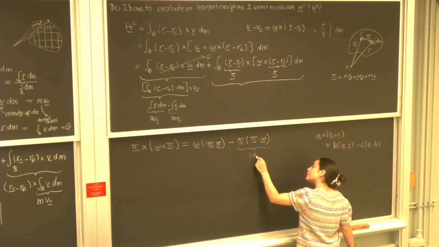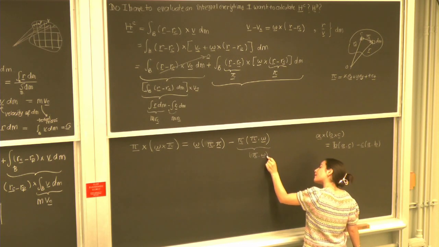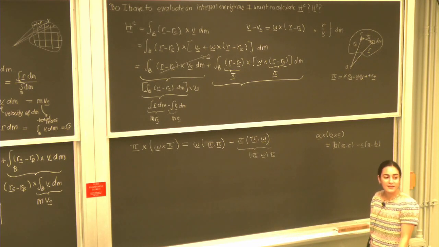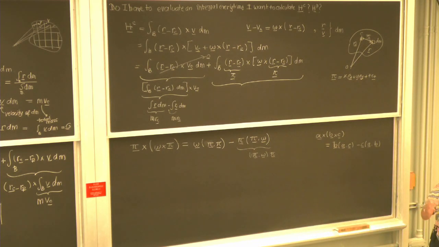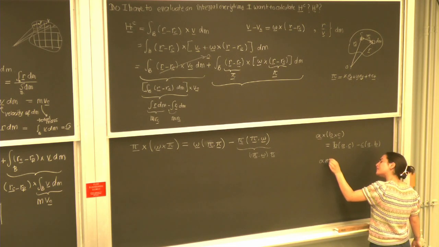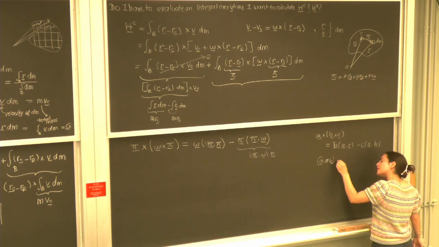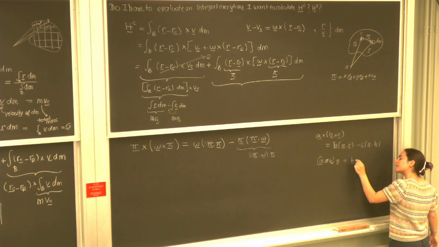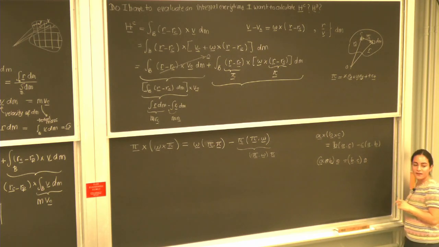Now, what does this remind us of when we have pi dot omega along pi? Does this remind us of something? Yeah, you got it. A cross B applied to C is equal to B dot C along A, right?